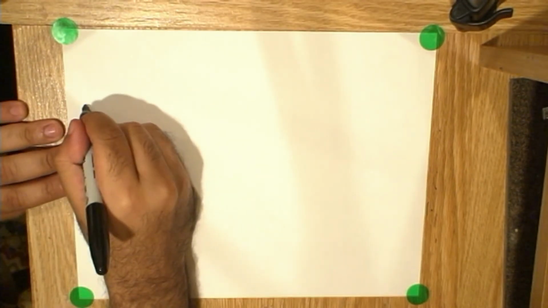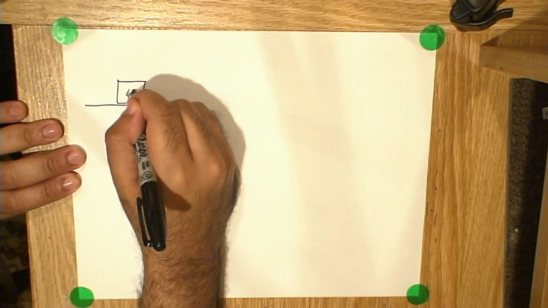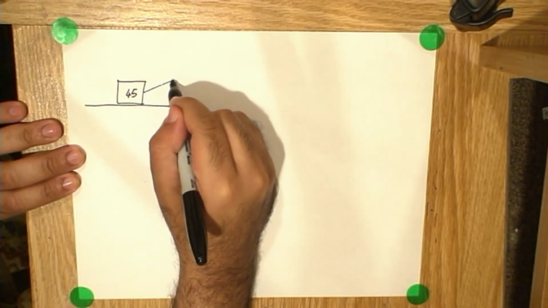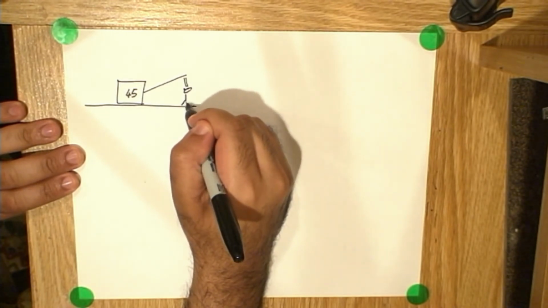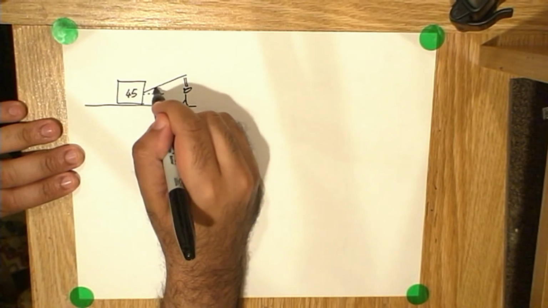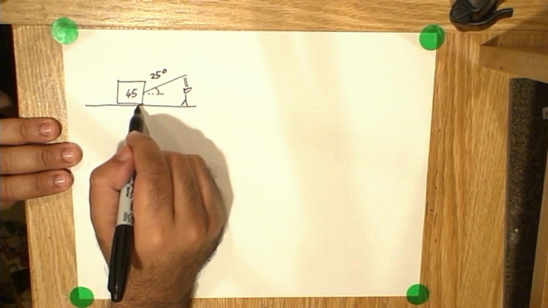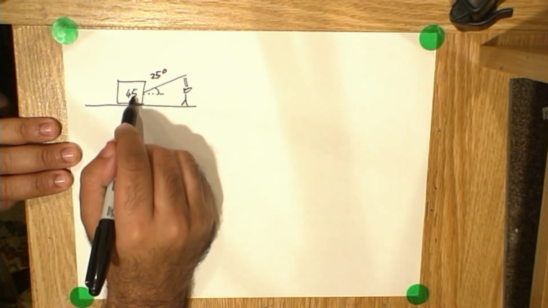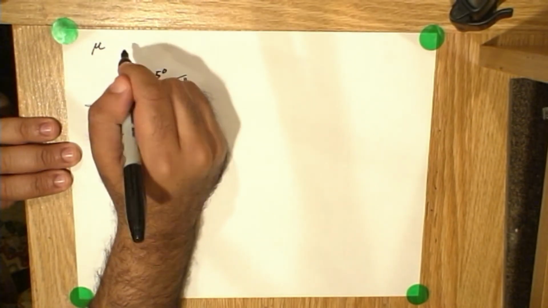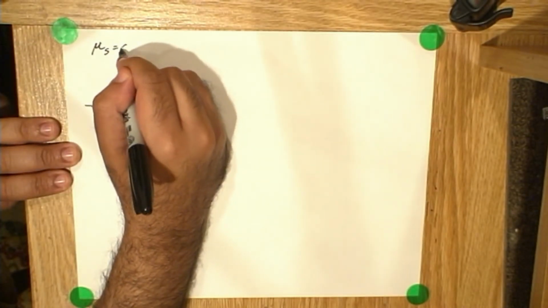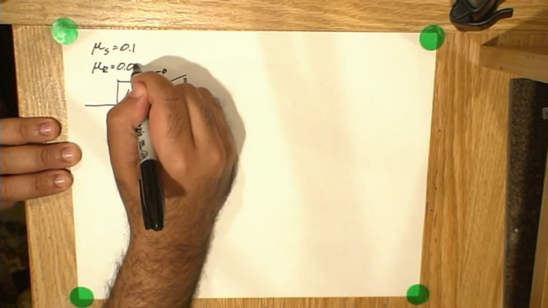In this question, a person is dragging a 45 kilogram block using a rope. The angle of the rope is 25 degrees, and there is a coefficient of friction between the ice block and the ground. The coefficient of static friction is 0.1, and the coefficient of kinetic friction is 0.03.